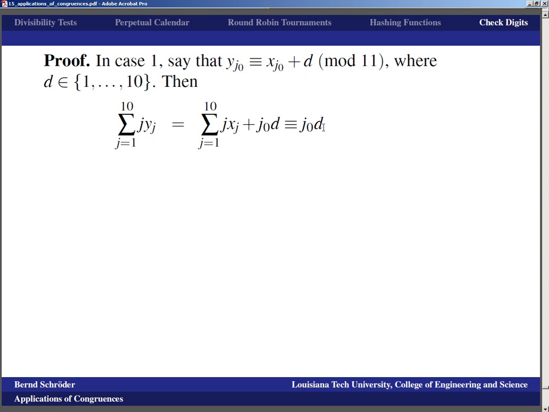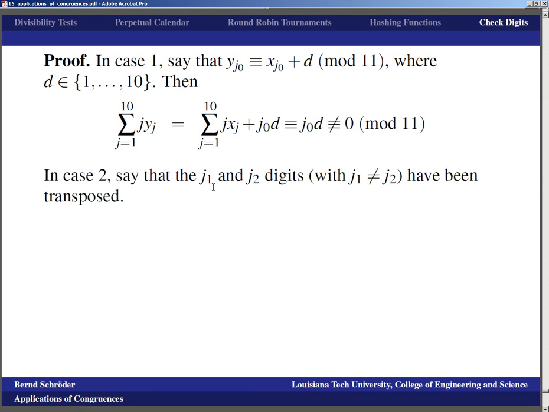And that's equivalent to j0 d modulo 11, because the sum of j x_j is equivalent to 0 modulo 11. And I claim that j0 d is not equivalent to 0 modulo 11, because that would mean that the product would be divisible by 11, and neither of these two numbers is 11, or a multiple of it.